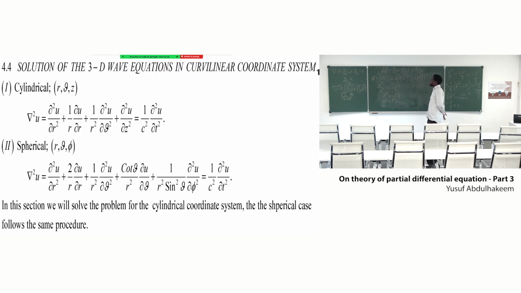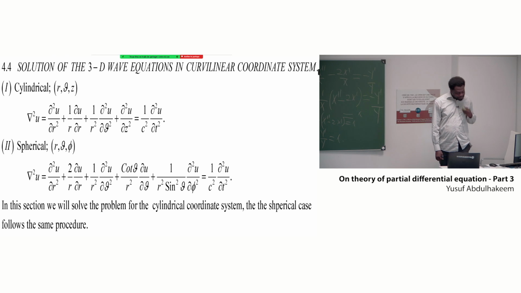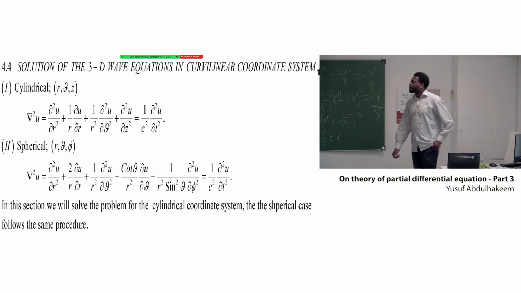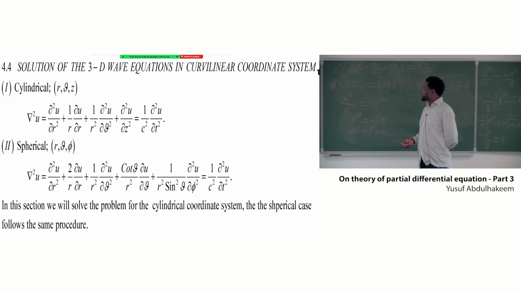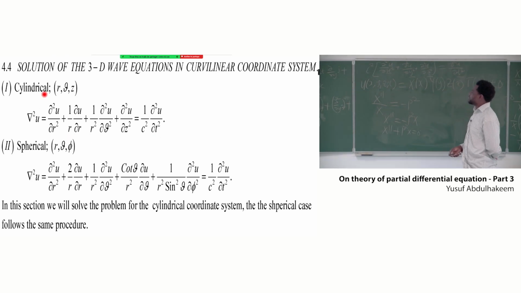Then the next one is a solution of the 3D wave equation in curvilinear system. The wave equation here is also given in terms of the cylindrical and the spherical.